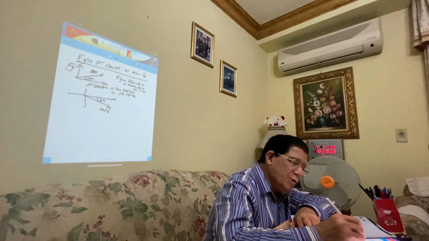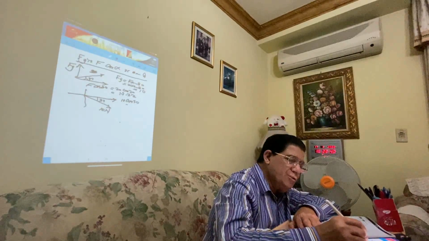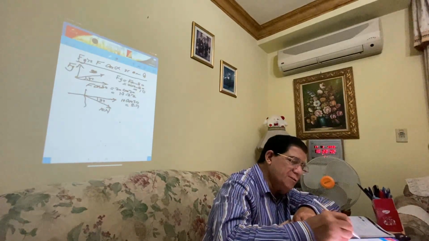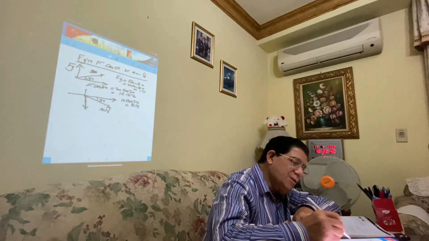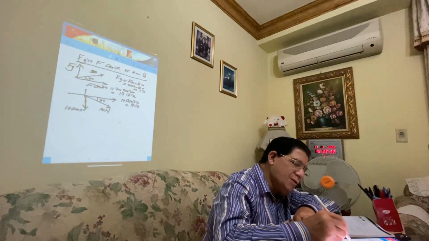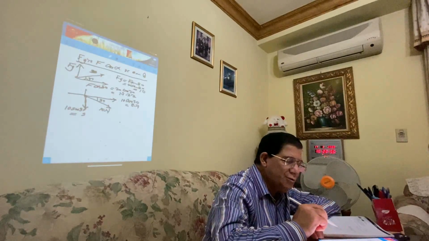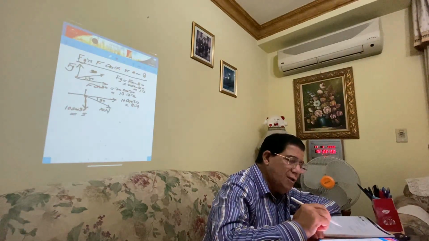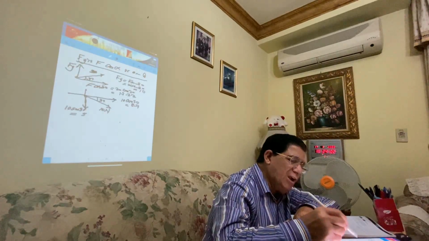This component is 10 cosine 30, which is 8.7, and this component down is 10 sine 30, which is 5 down. Down means it could be said that it is negative 5.